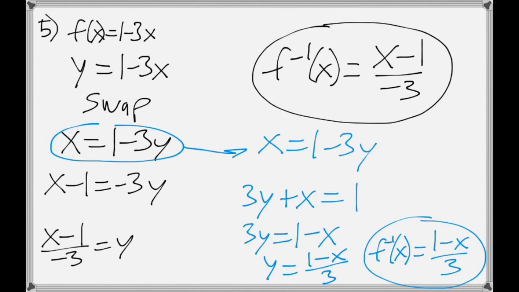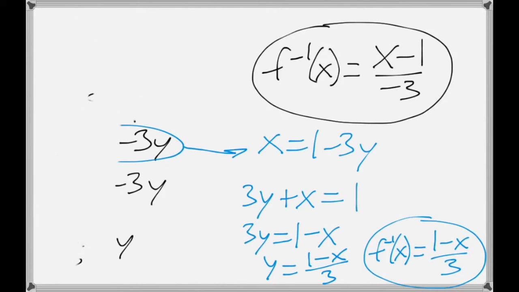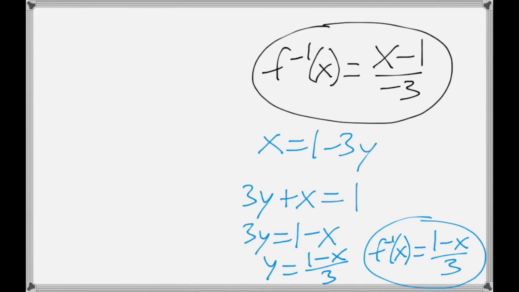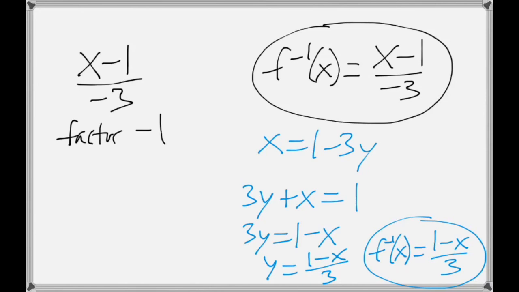So let me show you why these are identical. Again, you don't need to do the problem twice. I'm just showing you why your answer may still be correct, even if it doesn't match my answer. The reason why these are equivalent is, let's say you factor a -1 out of the top. So you get -1 times negative x plus 1, over -3.